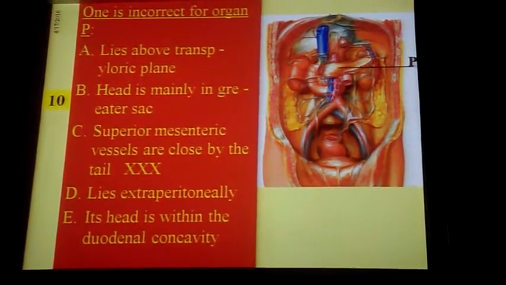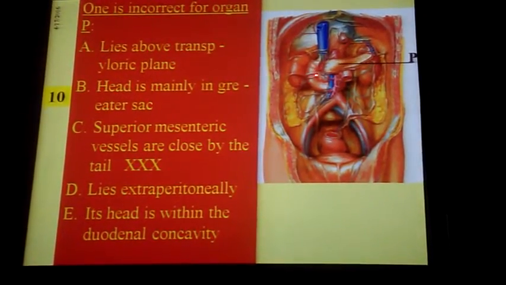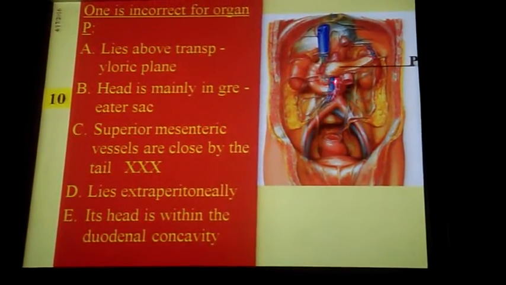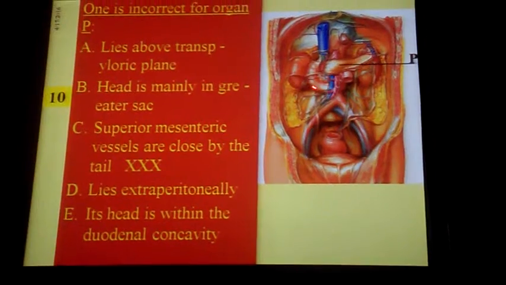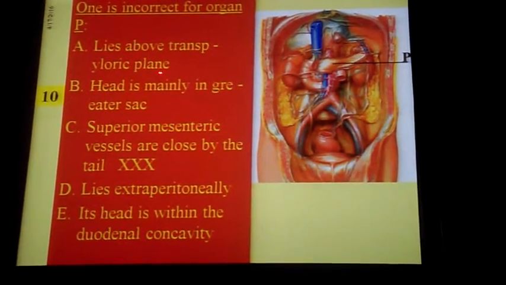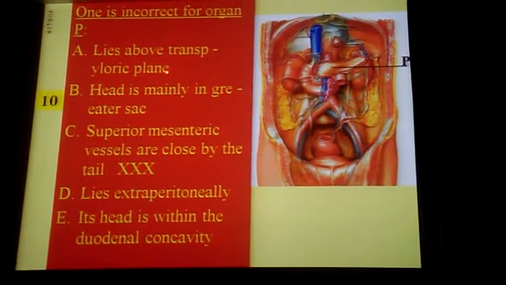And this one is adherent to the posterior abdominal wall, so it is retroperitoneal. And if you look at the head, it lies mainly in the concavity of the pancreas. Now it lies above the transpyloric plane.